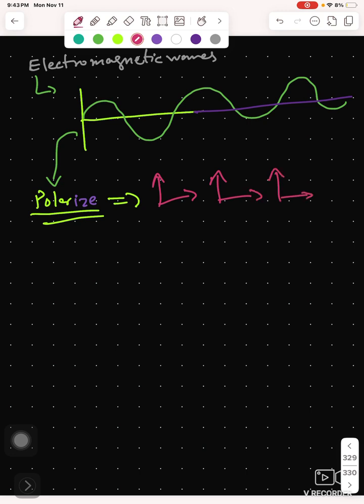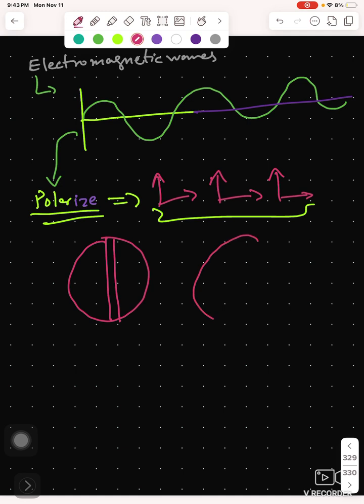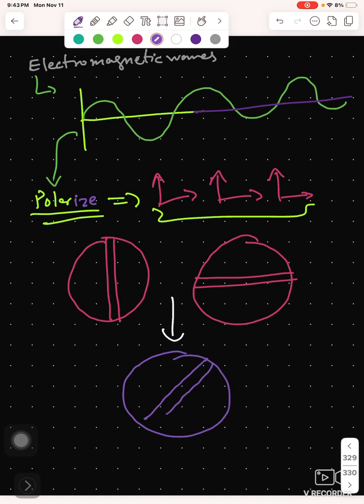What polarization does is, if we had the two types of polarizers, vertical and horizontal, depending on its angle we could change it into also a diagonal.